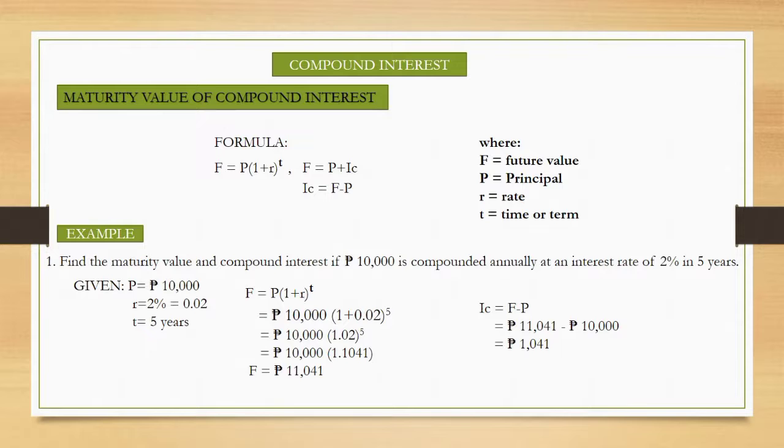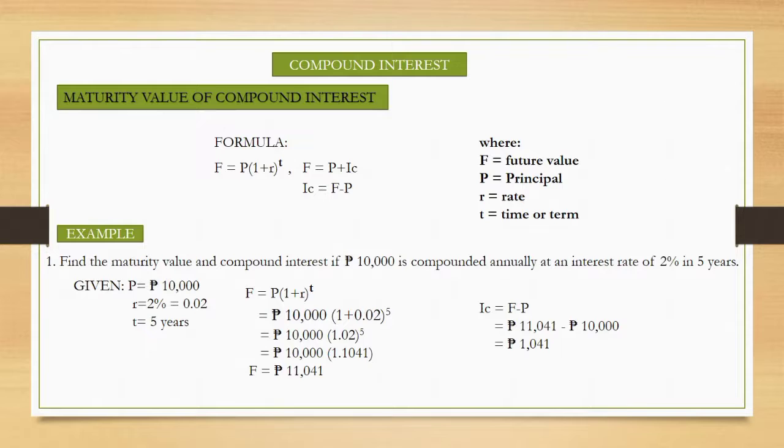In order to get the answer, we need to solve first the value inside the parentheses. So 1 plus 0.02 is equal to 1.02. So 1.02 raised to the power of 5 is equal to 1.1041.